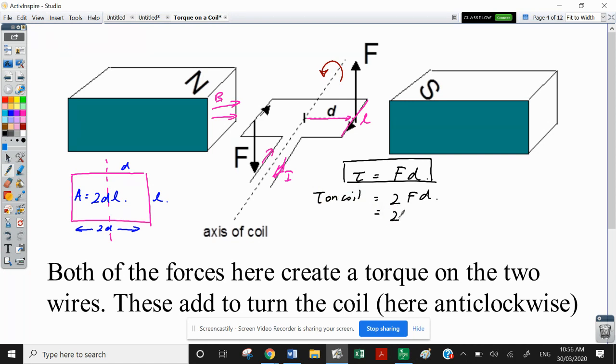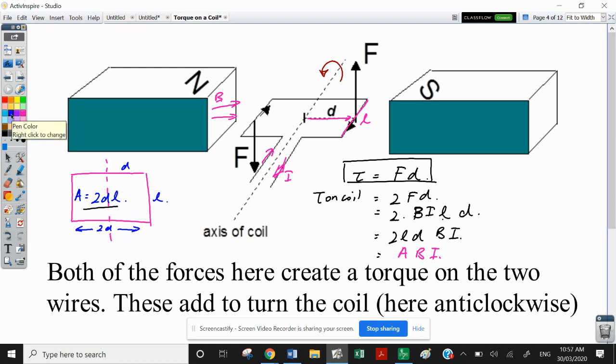So it's 2 times F. F is BIL sine theta, so come on, BIL, and then times D. And if we bring the two together, we get 2LD BI. We noticed a few moments ago that 2LD is the area, so this becomes ABI.